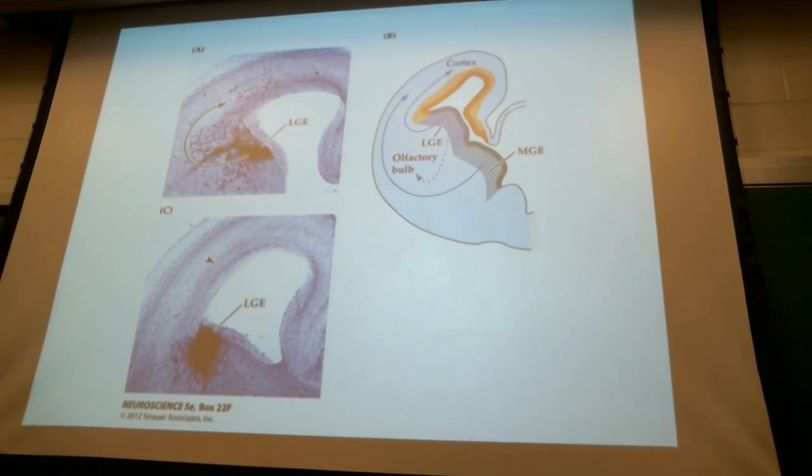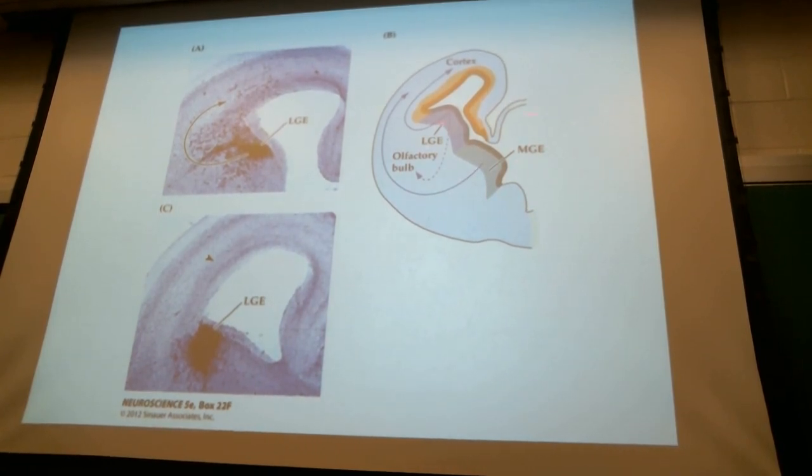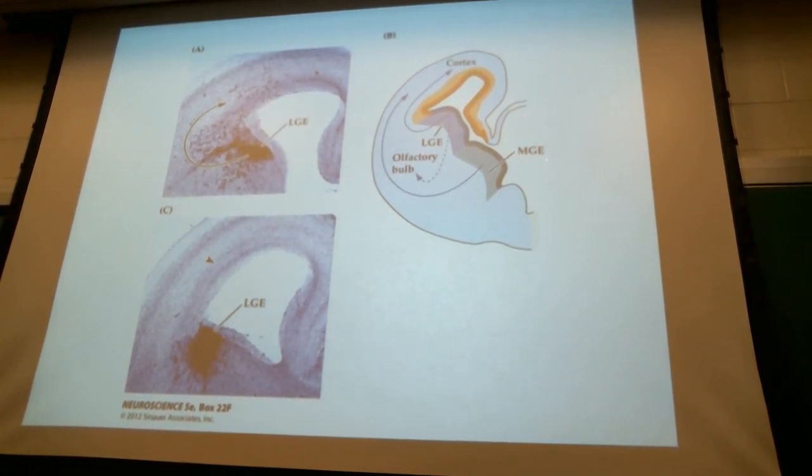There are two parts, lateral and medial ganglionic eminence, so LGE and MGE. And those neurons are inhibitory neurons, interneurons. So they migrate all over the brain, including cortex, hippocampus, everywhere. So they migrate quite differently, and they migrate long distances. And that's what they were looking at.